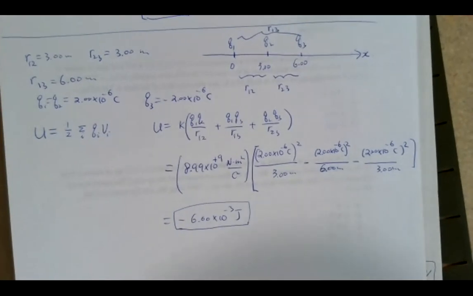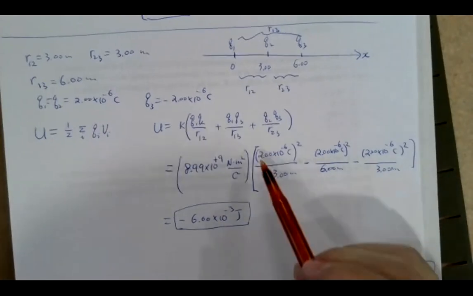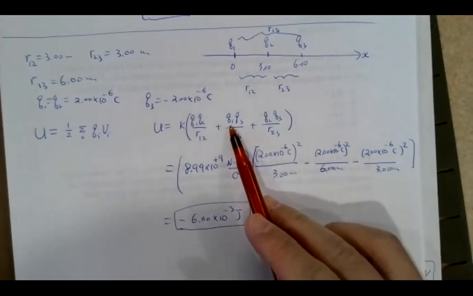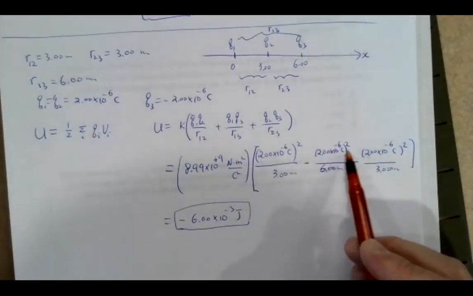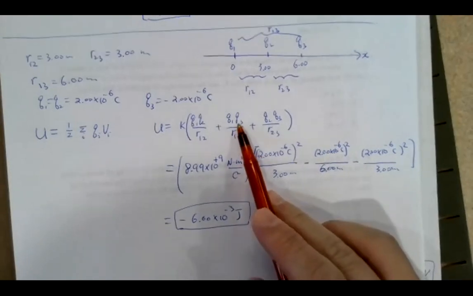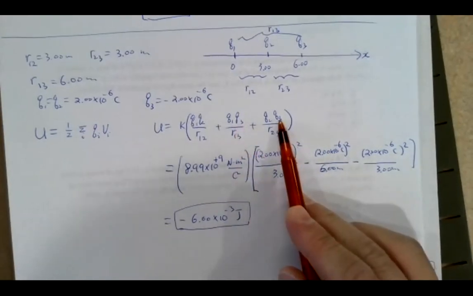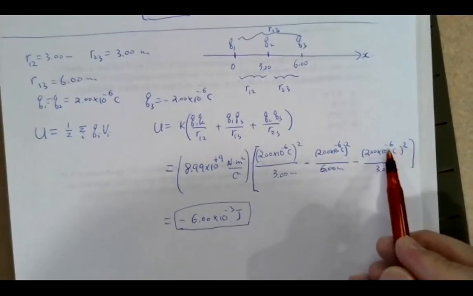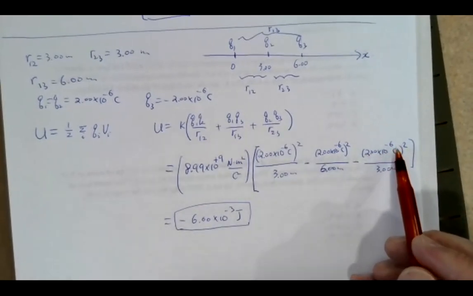So I think you simply plug in the numbers. Q1, Q2, Q3 have the same magnitude, but Q3 is negative. So for Q1Q2 it will be 2.00 times 10 to the minus 6 squared. For Q1Q3 it will be the square, but with a minus sign because Q3 is negative, and the same for this one, negative of 2.00 times 10 to the minus 6 squared.